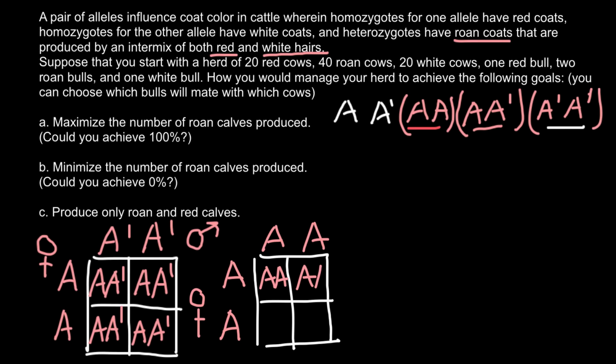So if we take a red cow and a red bull, of course 100% of the progeny are going to be also red.